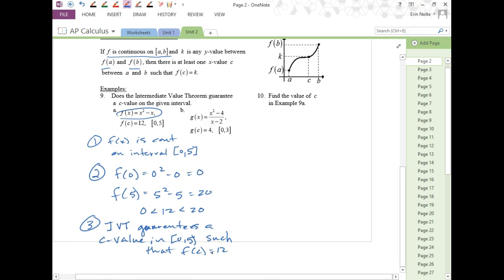In this particular case, you're not able to actually find it. Well, you could find it, but I guess we'll do that in the next problem. All we know is that it does exist. So you can use the intermediate value theorem.